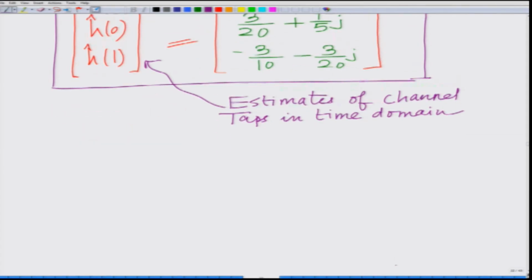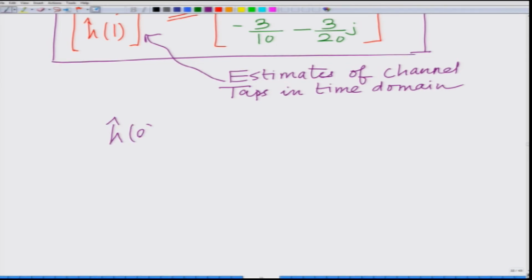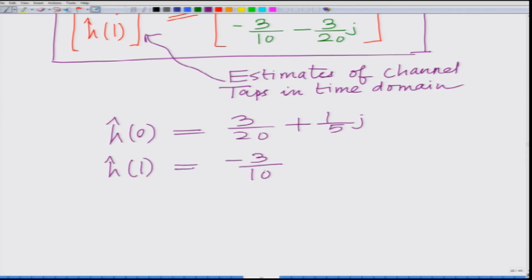What we have computed are the estimates of small h hat 0 and small h hat 1, and these are given as small h hat 0 equals 3 by 20 plus 1 by 5 j, and small h hat 1 equals minus 3 by 10 minus 3 by 20 j. Okay. So, now we have the estimates of the channel taps in the time domain.